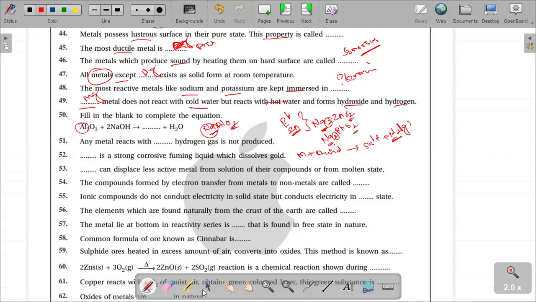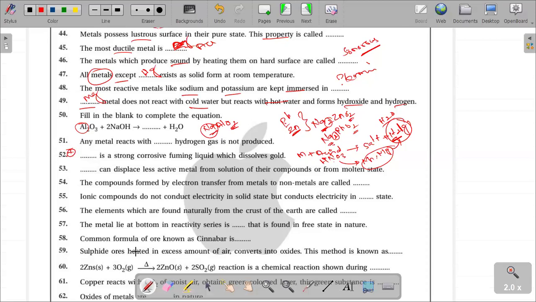HNO3. If you use HNO3, it won't release hydrogen gas. Only 2 metals, Mn and Mg, will give hydrogen gas. The rest of the elements won't give hydrogen gas. Instead of hydrogen gas you will get H2O, water. This is an important question.